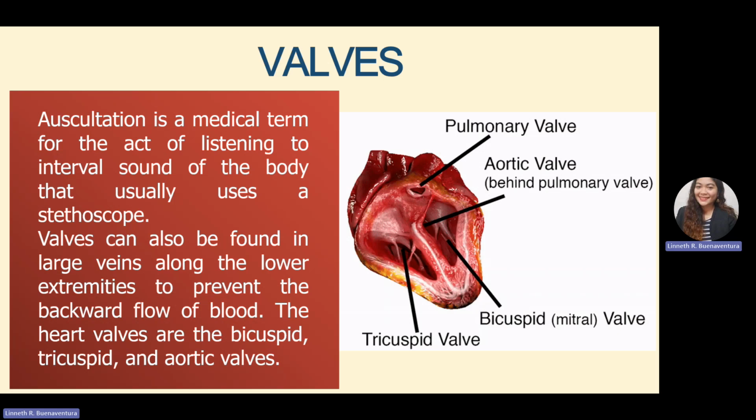As you can see, this is known as the tricuspid valve because it has three tissue flaps attached here in the ventricle, and this is the bicuspid, also known as the mitral valve, because it consists of only two, and this is the pulmonary valve, and behind, we have the aortic valve. Valves can also be found in large veins along the lower extremities to prevent the backflow of blood. So the heart valves are bicuspid, tricuspid, and aortic valve.